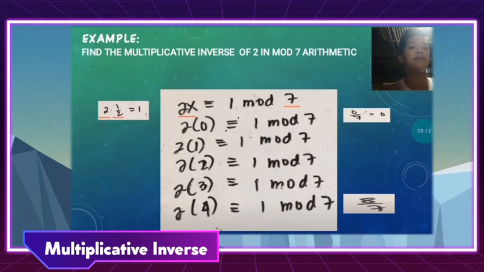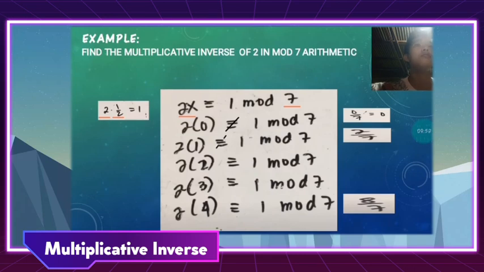The next, x is equal to 1. The value here is 2 over 7. We cannot divide 2 by 7, so this is not the remainder. Next is 2 times 2, which is 4.